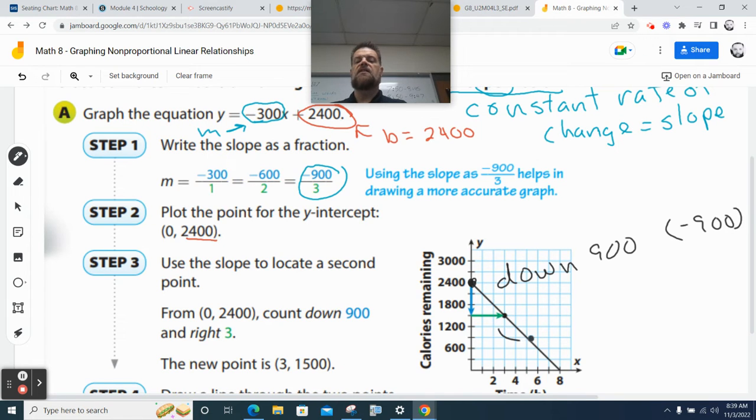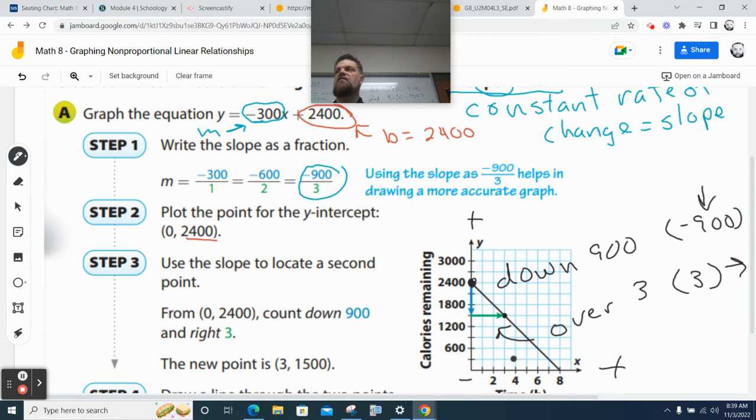And then here I went over 3, and that represents my positive 3. So down is because of negative, to the right is positive. Remember, when you go to the right, it's positive. Going up is positive, going down is negative, and going to the left is negative.